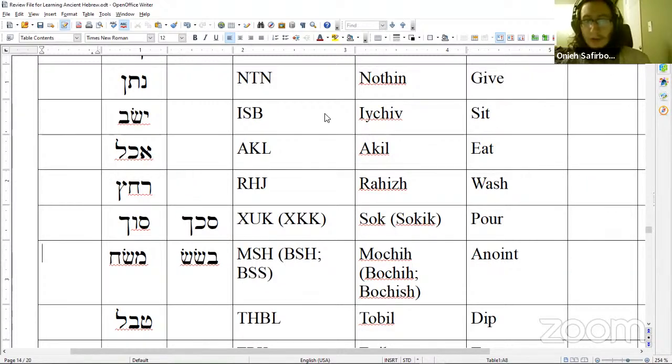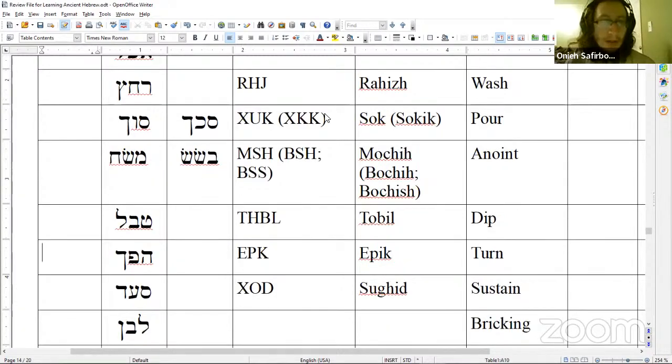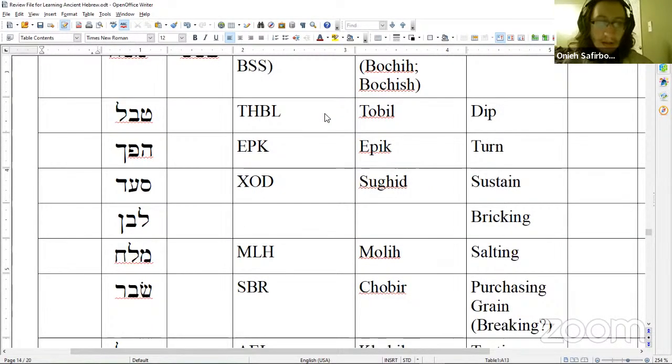Sach, originally Sakik, pour. Masha, originally Bashish, Bachish, anoint. Tabil, dip. Epic, turn. Solid, sustain. Labin, bricking.